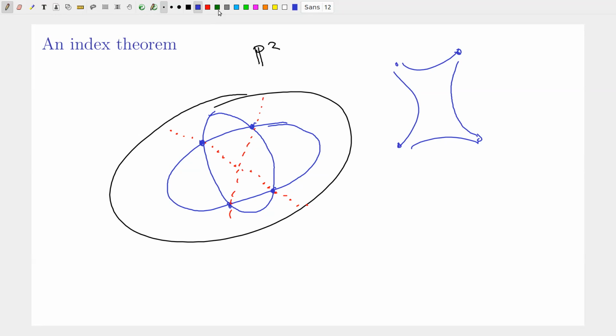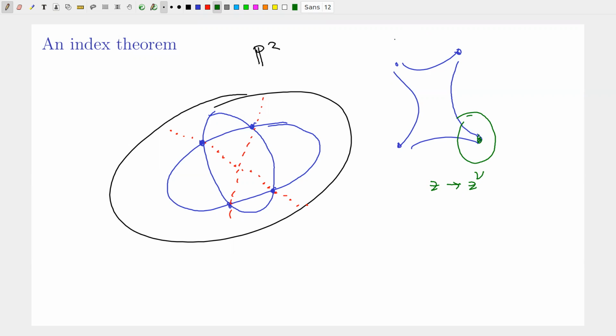So in the neighborhood of these points, you will have some degenerate projective structure, but it turns out that you will have some index nu, so that the projective structure is locally given by the map z maps to z to the nu, and this index is well defined.